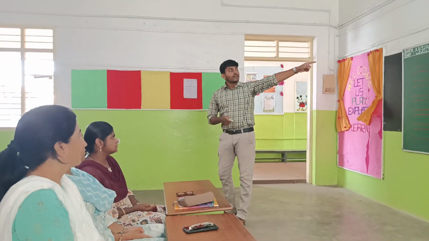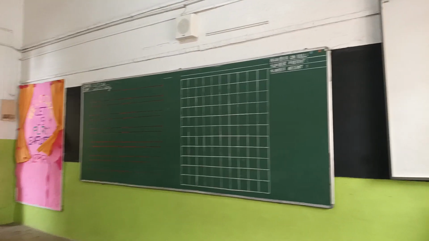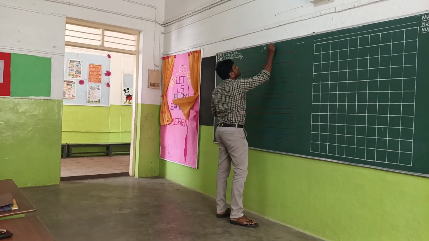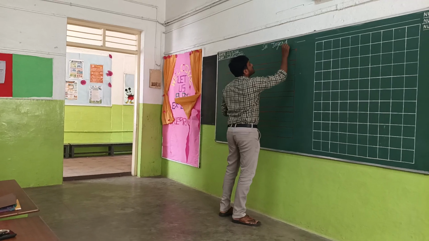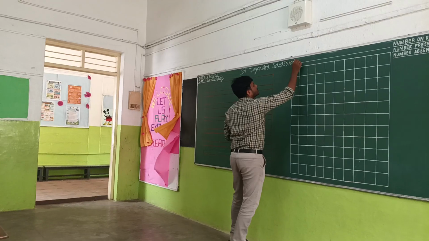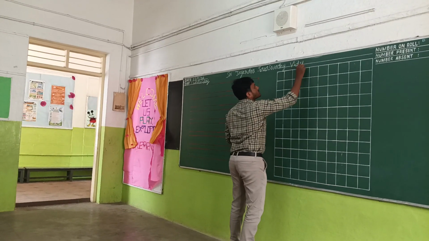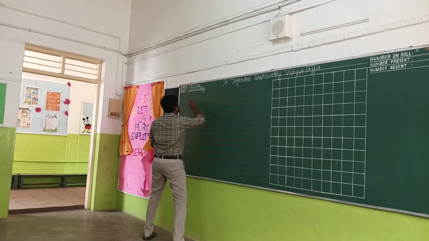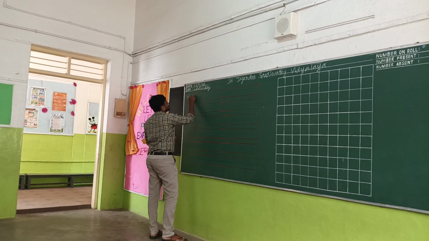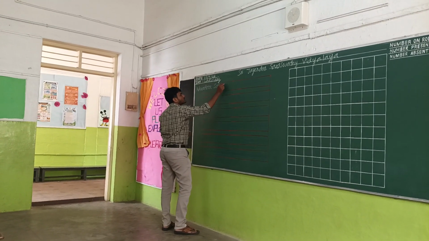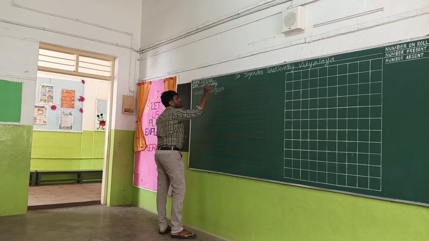Okay. So our next thing, we should have written what? School name. Then our motto of the school. Right.